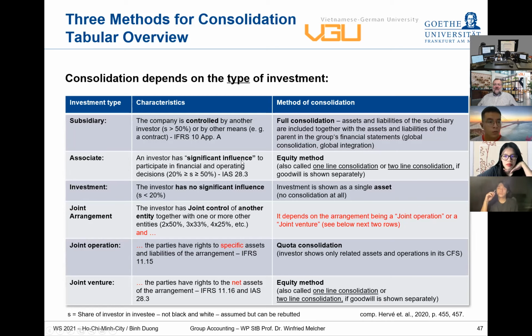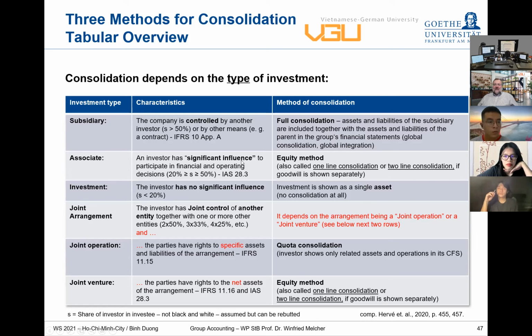A structured entity is a special purpose entity where they maybe only have 5 or 10%, so they don't have the majority of voting rights, but where those structured entities are directly or indirectly controlled by Daimler. So also structured entities are included in the financial statements of the group.